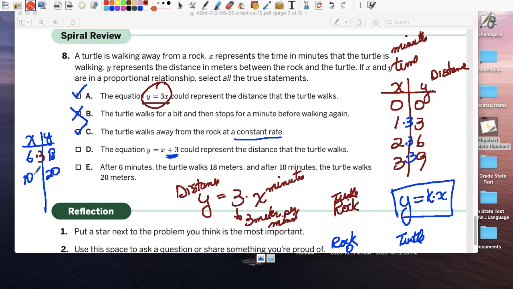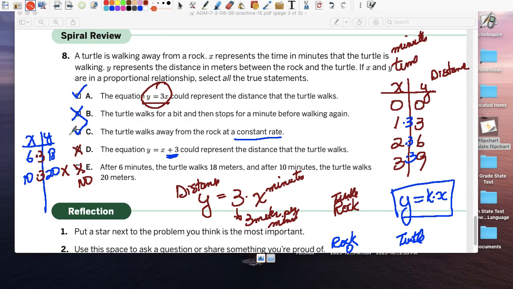Times 3. 10 times 3 is 20? No, it's not. It fails here. So was he walking at the same pace? No, because at 3 meters per minute, after 10 minutes, this should have been 30. So he slowed down, right? So this is a no as well, and this was a no too.